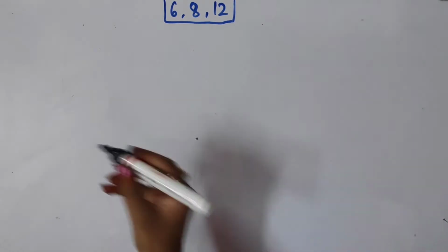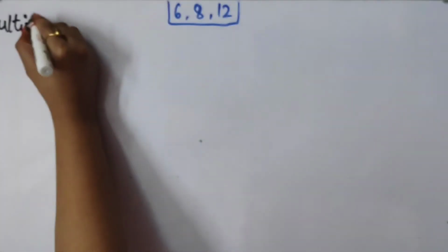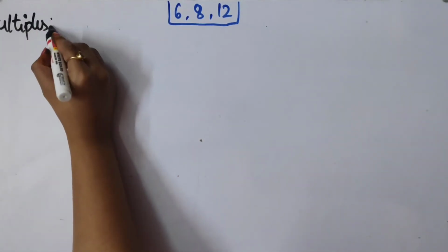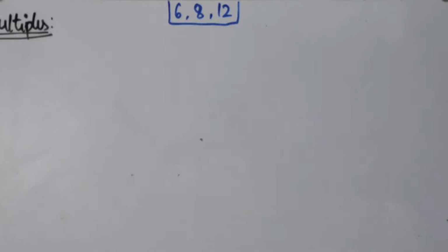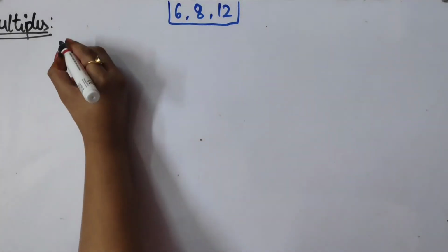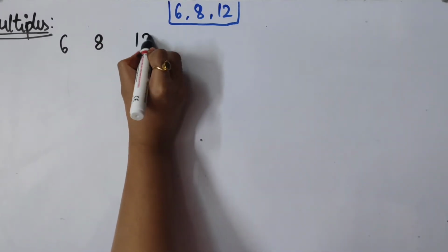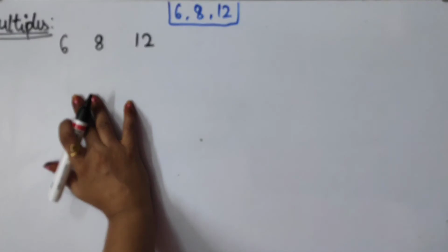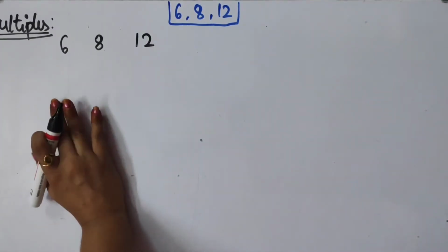Here we go with the first method, which is called the multiples method. In this method we need to write the multiples of all these three numbers, which are 6, 8 and 12.